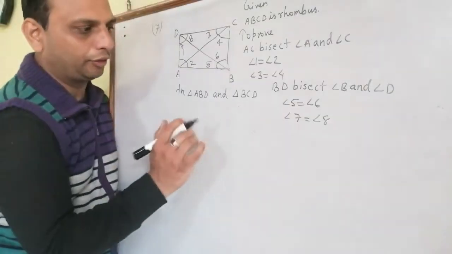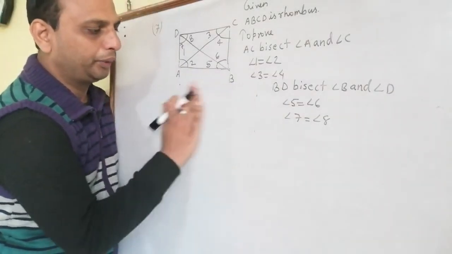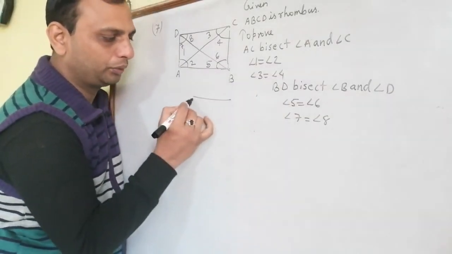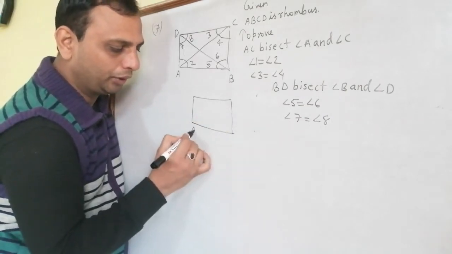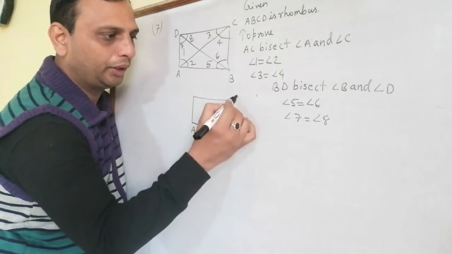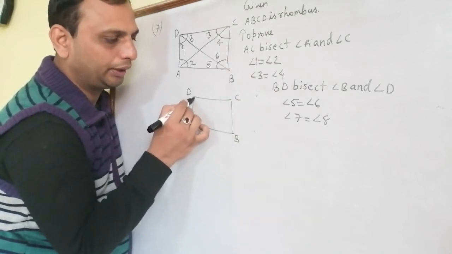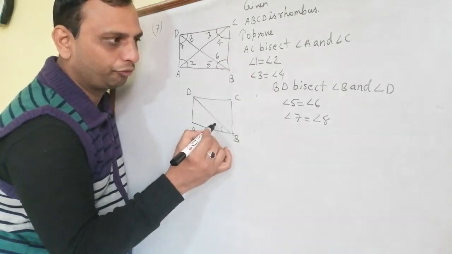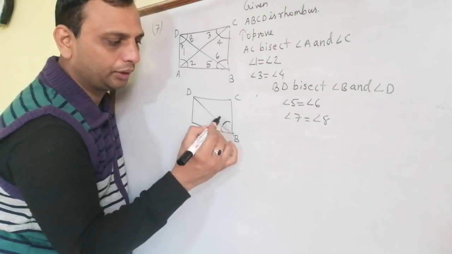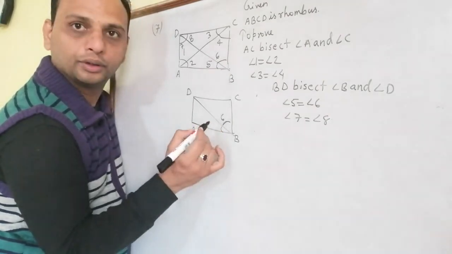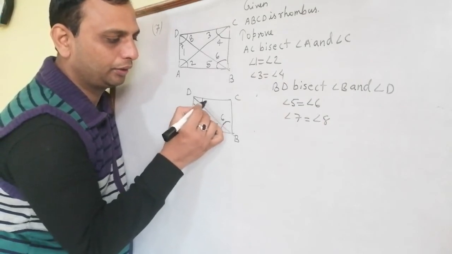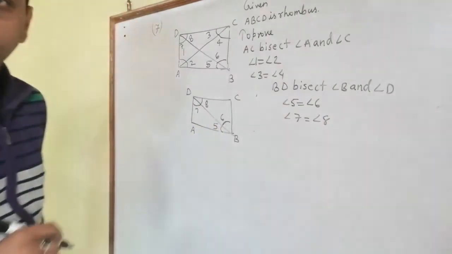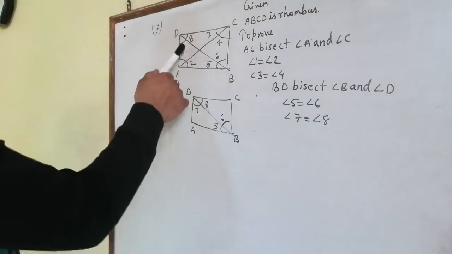If you want to make another figure, you can make a separate figure here also, so that you should not get confused. A, B, C, D. Then here you have to write the 5, 6, 7, 8. So this same figure I had made here also.